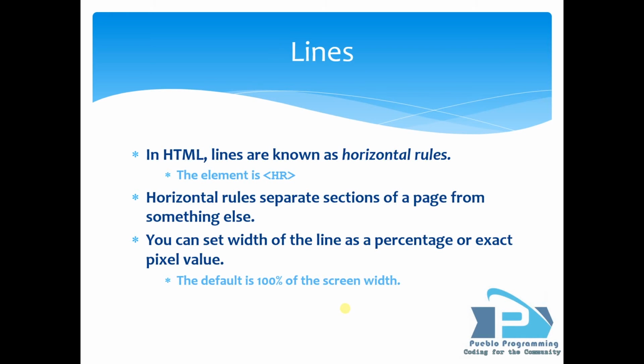So another thing to understand when you have paragraphs and line breaks is overall just understanding lines as they are. Now lines in HTML are known as horizontal rules, and you're going to want to know this. And the element for that is the tag bracket HR. So horizontal rules or lines essentially separate the sections of a page from something else.